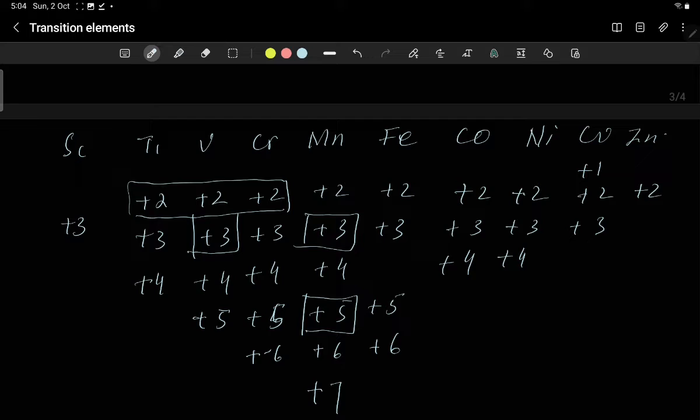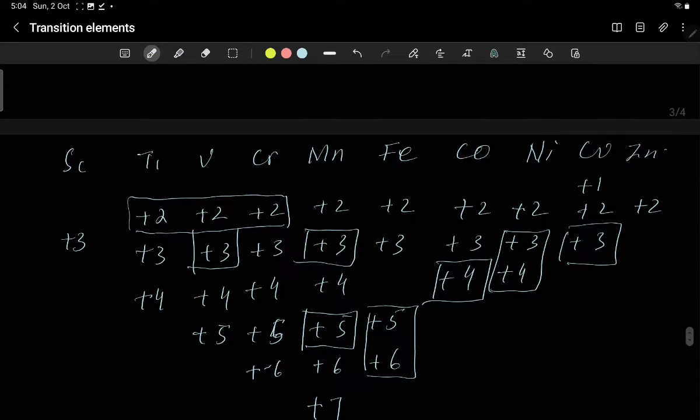In case of iron, plus 5 and plus 6 are uncommon, and similarly cobalt plus 4 is uncommon, and nickel plus 3 and plus 4 is uncommon, and in case of copper plus 3 are uncommon.